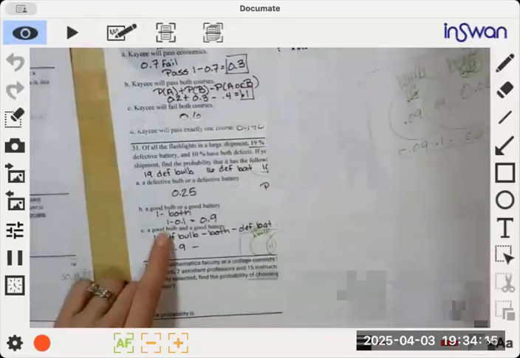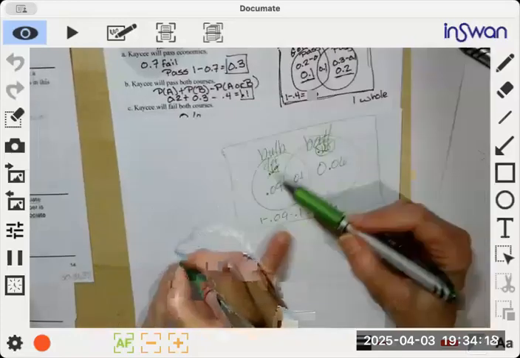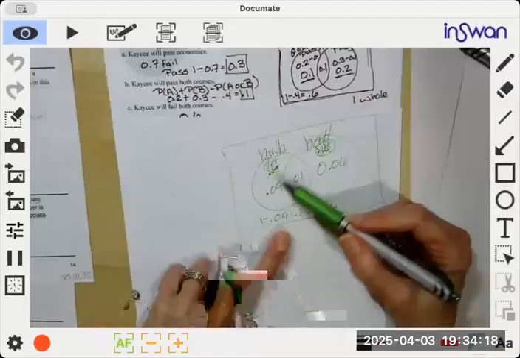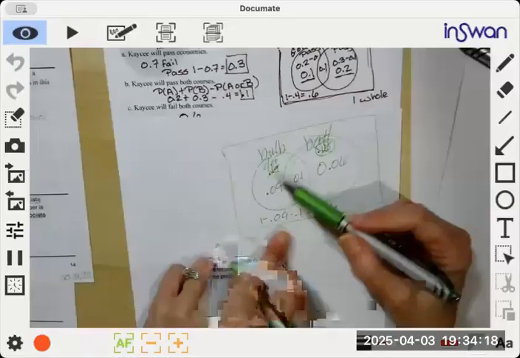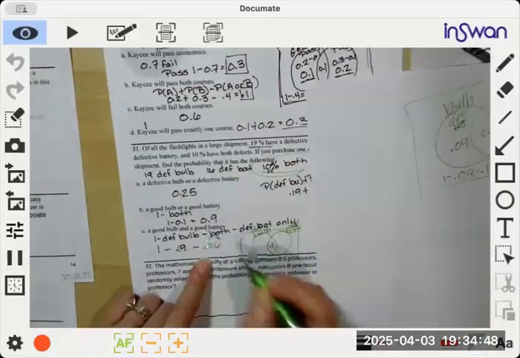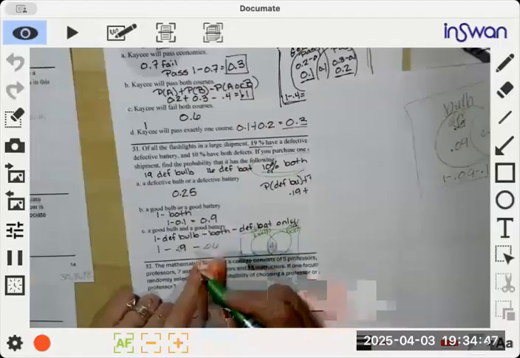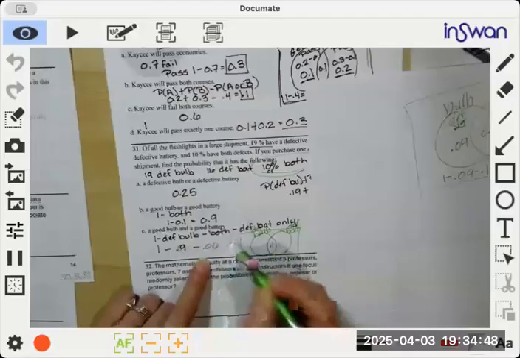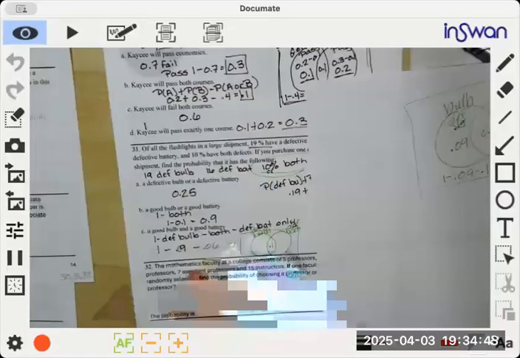So 1 minus the defective bulb, 0.09, minus both, 0.1, minus the defective battery only, 0.06. That's what I'm missing there, is the word only. That gives me that 0.75.